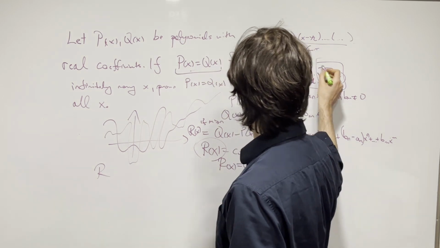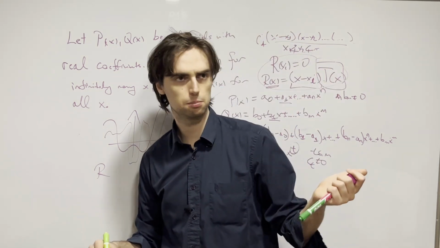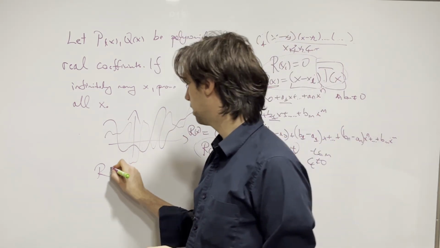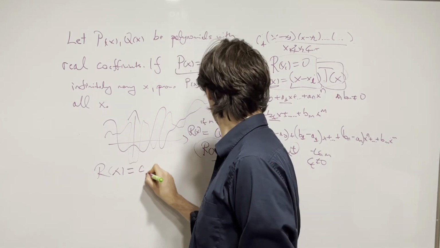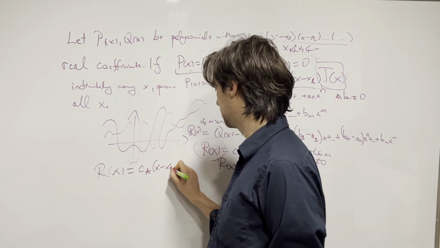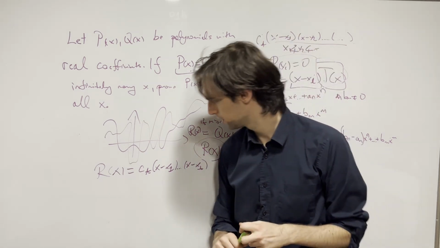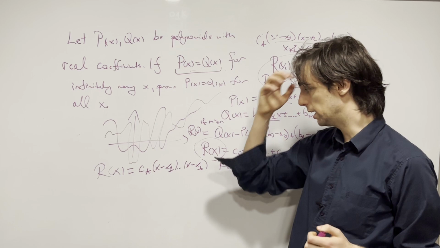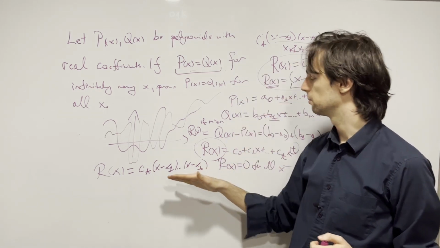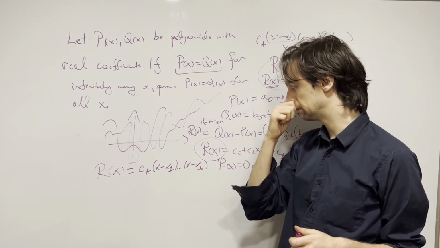Then by this rule, which I think is called Bezout's theorem, we can write r of x as ct times x minus x1 all the way till x minus xt, by repeatedly applying this rule and getting a polynomial of a lower degree, and then we're done with this.